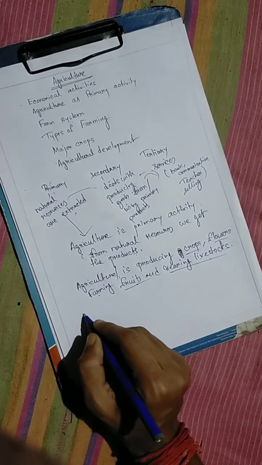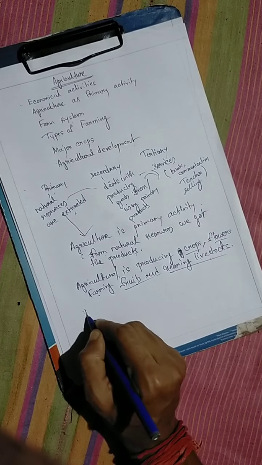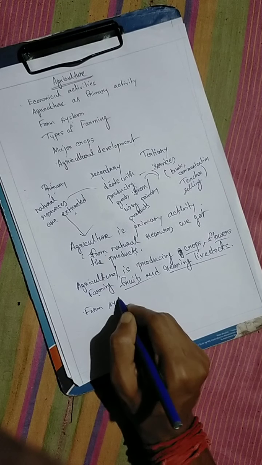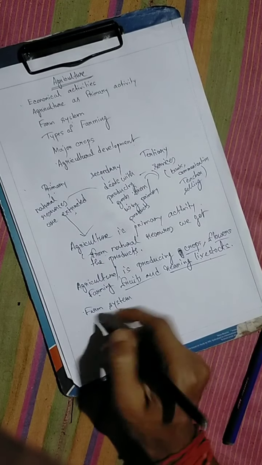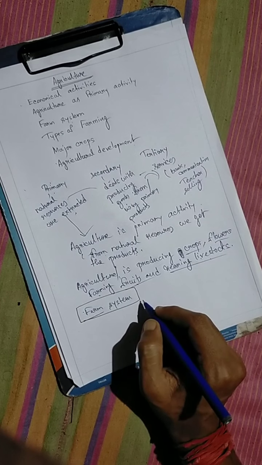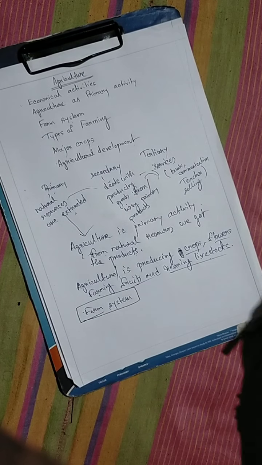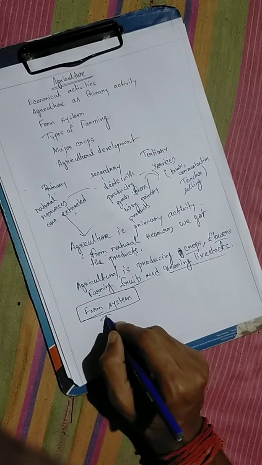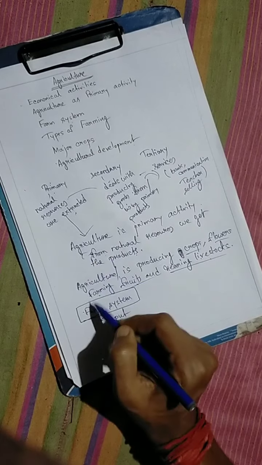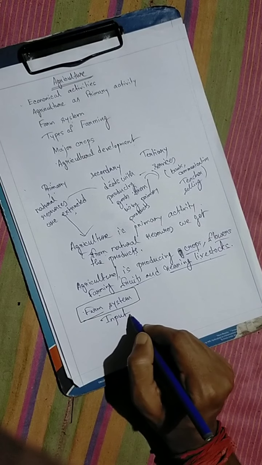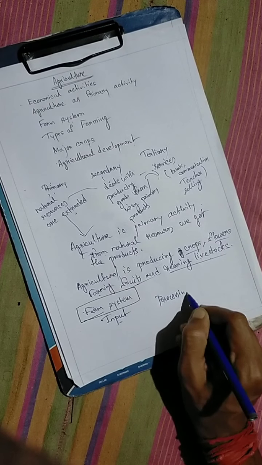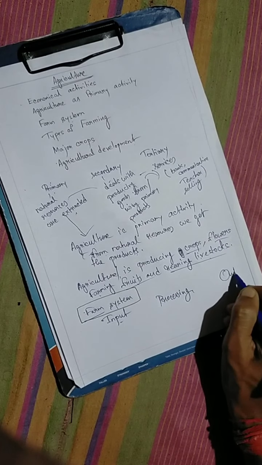Now coming to the farm system. What happens in the farm system? The farm system mainly works in three stages. In agriculture or farming, it works in three stages: input, processing and the final stage is output.